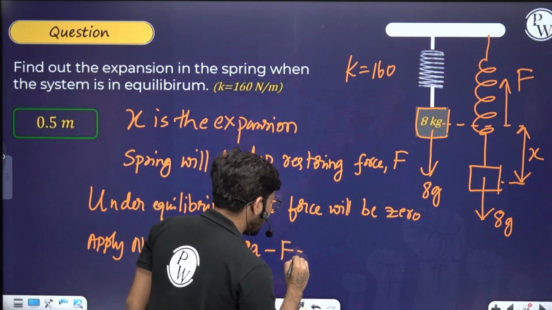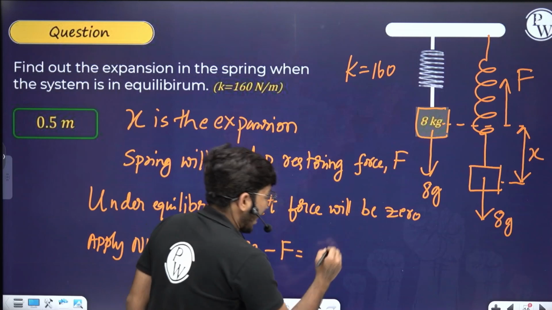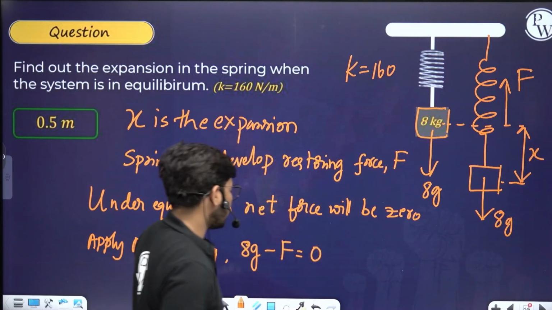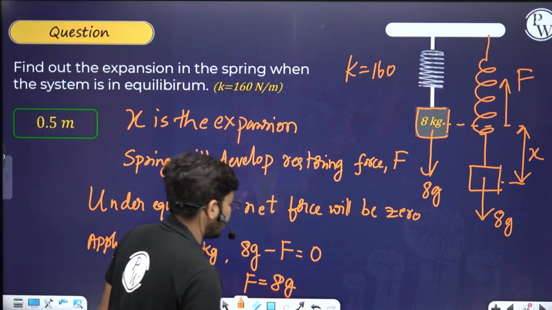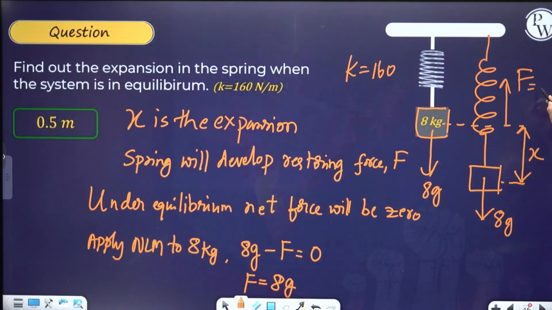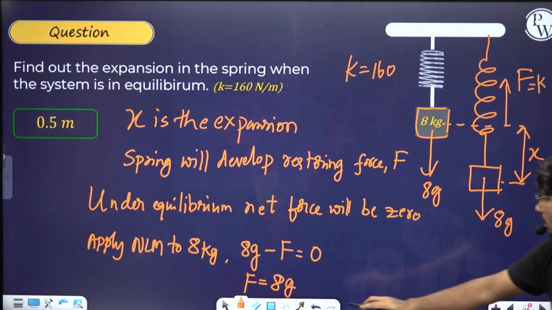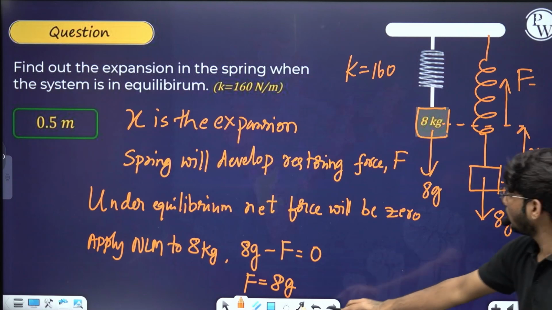Since it is under equilibrium, acceleration will be 0. So F is going to be 8g. But this F is also equal to k into x.